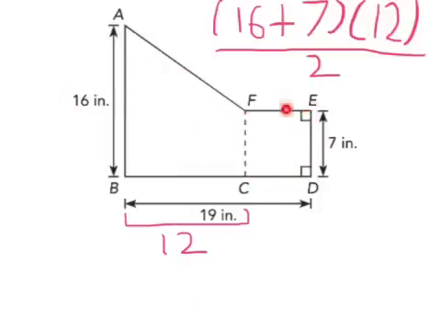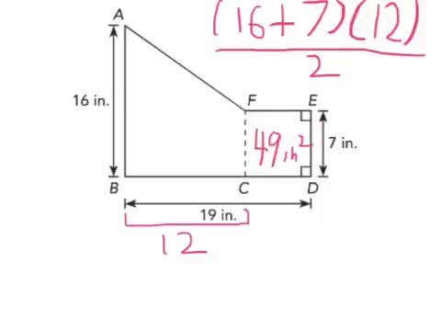We should be able to figure out the square. I've already got some information on here that we saw from last time. This we know is 7, so this must be 12. The square should be easy, 49 square inches. And now the trapezoid.